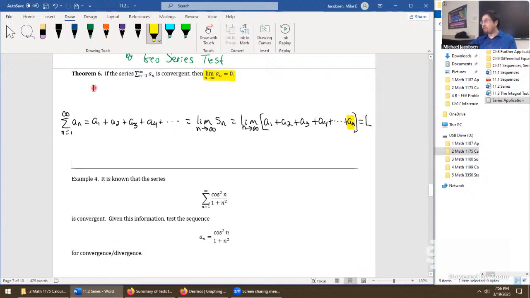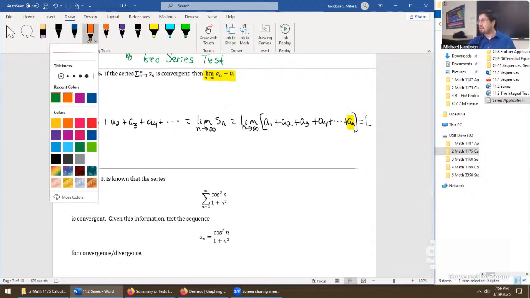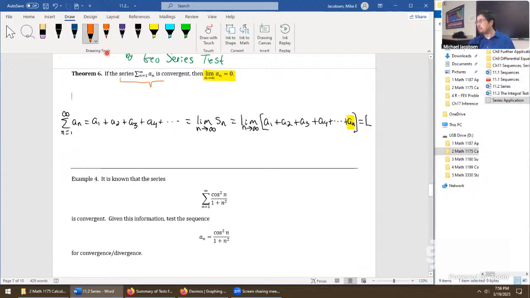That's the key insight of theorem 6. Convergence of a series always implies the limit itself for the sequence converges, and it converges to 0 in fact. So kind of a wild statement. This is convergence of the series. But what we're talking about here is totally different.